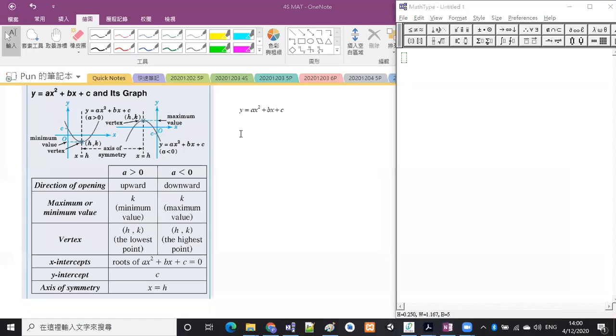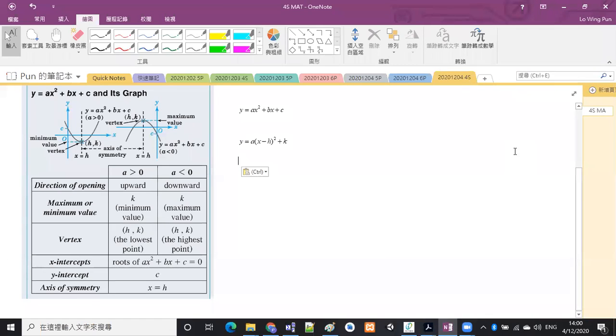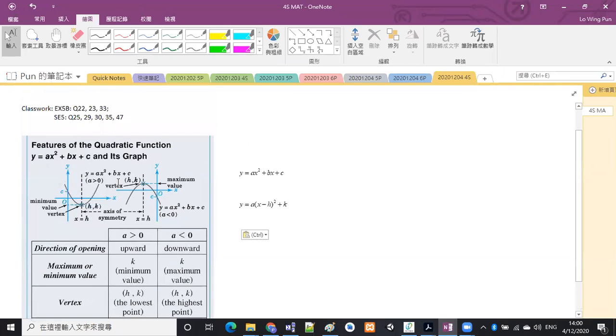AHK form is like this, where h and k will be the x and y coordinates of the vertex of the graph. When you have the h value and k value, you can find every other thing else, just like what you did in this graph.